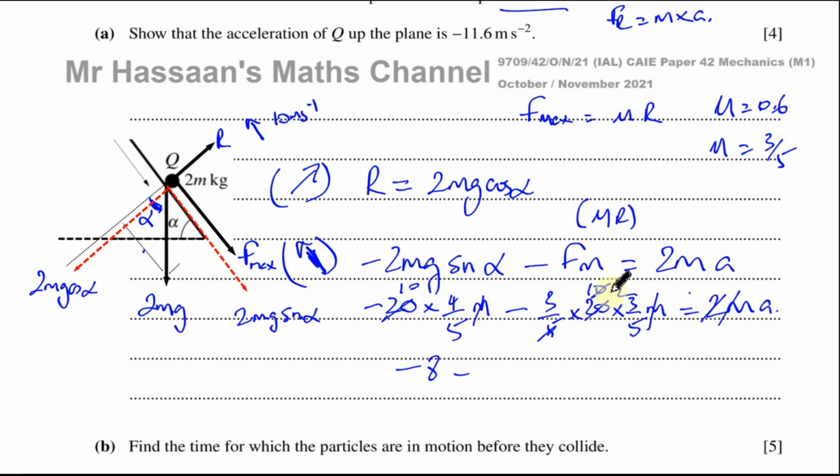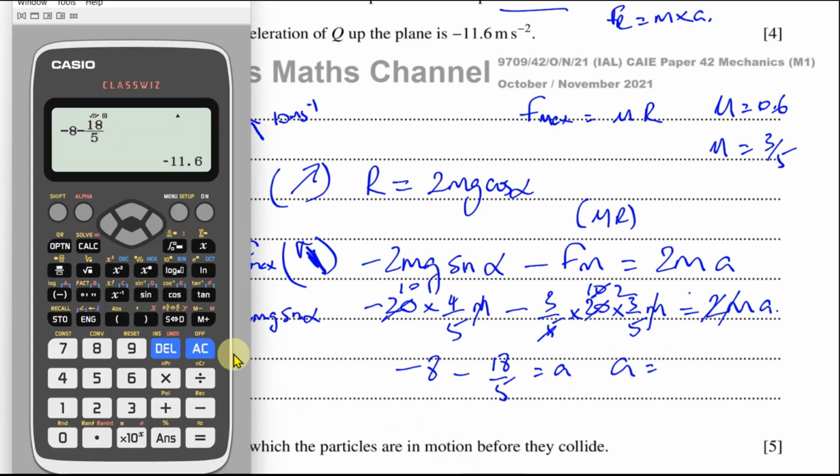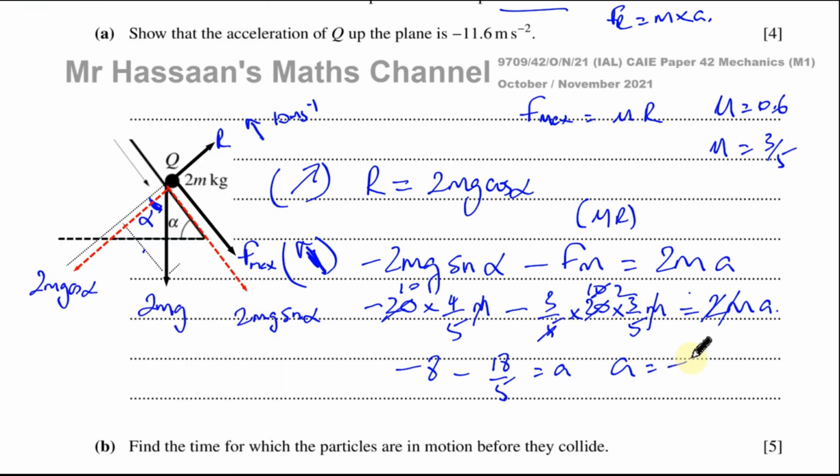Minus 8, that's 3 times 2 times 3, that's 9 times 2, that's minus 18/5, sorry, equals a. So a is going to be minus 8 minus 18/5, which gives you minus 11.6 meters per second squared, which is what we had to show. Okay, good. So there we have the answer to part A.